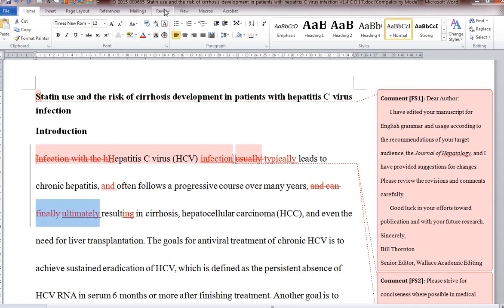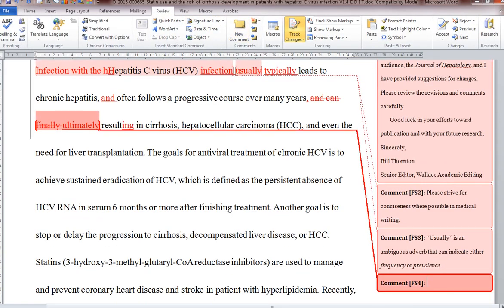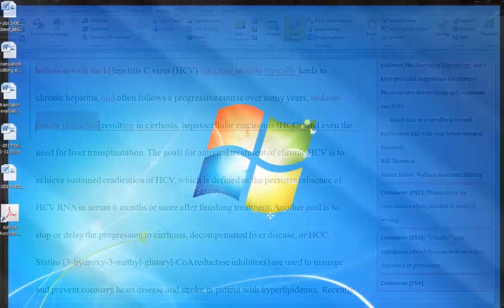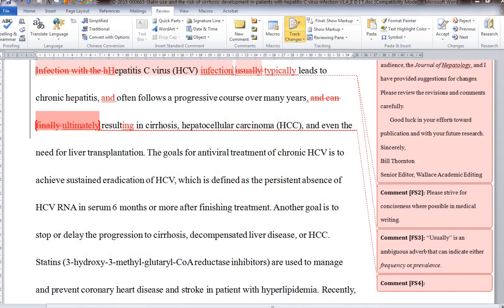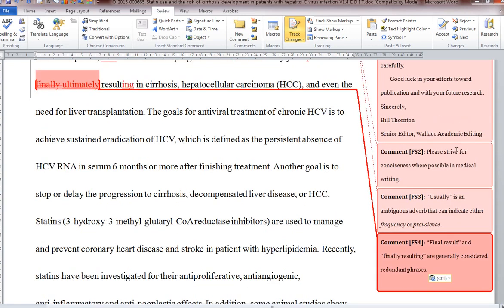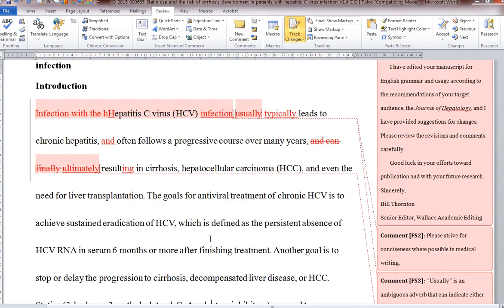And I'm going to explain this to the author briefly. I don't want to explain too much, give the author a lot to read, but the author deserves an explanation. I could move forward and explain more about ultimately, but I think in this instance, ultimately would be more appropriate.